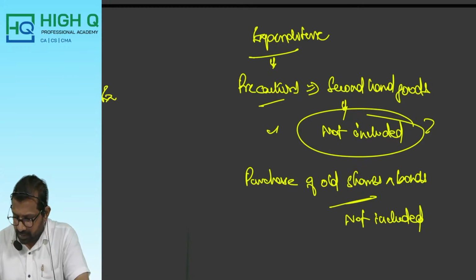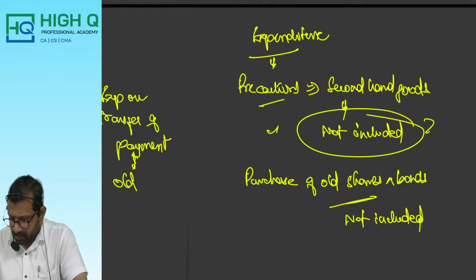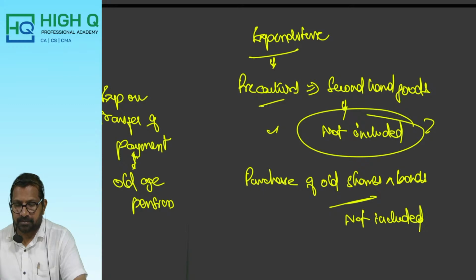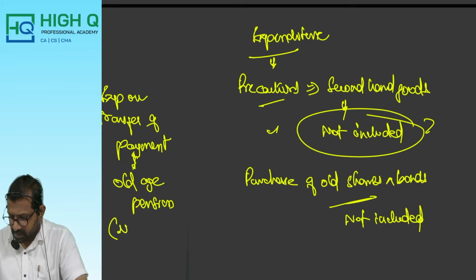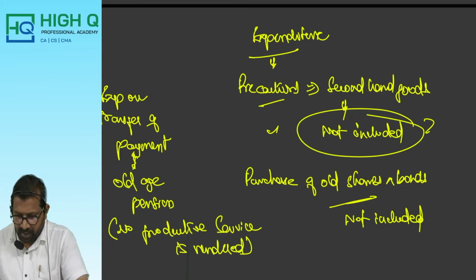Third point, expenditure on transfer payment. Example, old age pension. Even this one is not to be included, since no productive services are rendered.